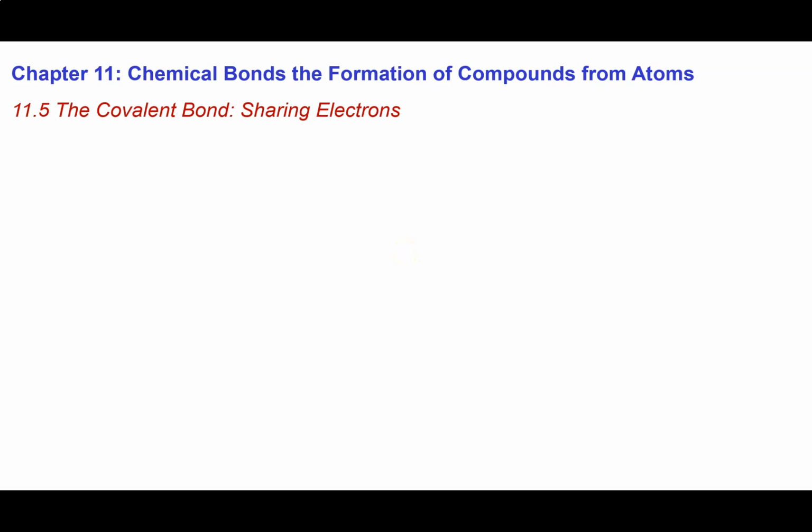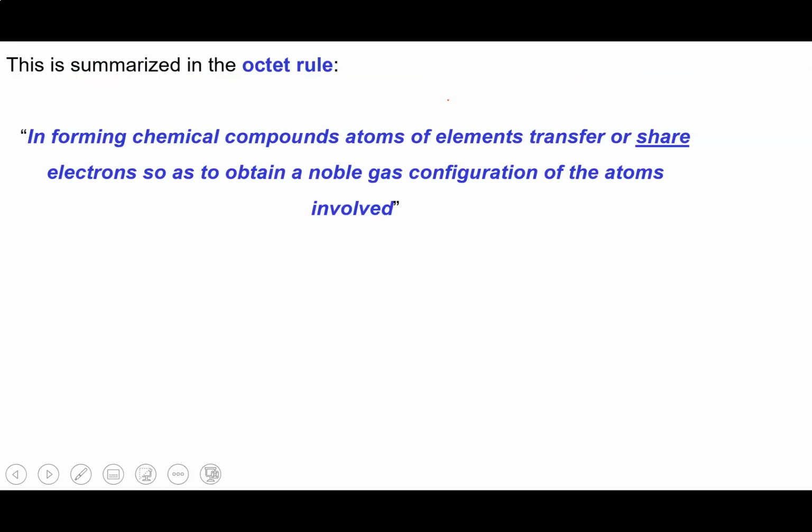So the second type of bonding that we'll be studying is called covalent or molecular bonding. Covalent or molecular bonding occurs between nonmetals and is the result of the sharing of electrons. Previously we had summarized the octet rule as being that when atoms form chemical compounds, atoms of those elements either transfer or share electrons so as to obtain a noble gas configuration of the atoms involved.